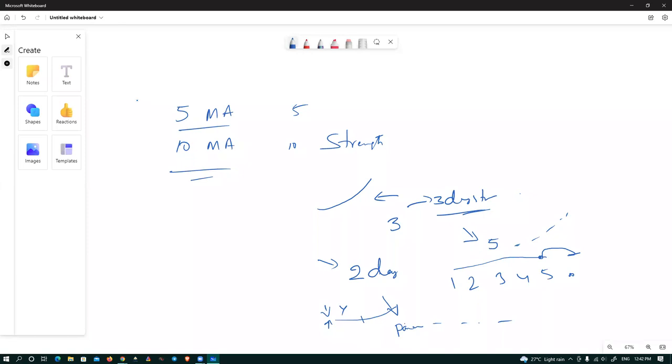The pain will continue one more day. This is how the moving average will be used. So if 3 days it has the momentum, we can expect one more day. If 5 days it has a momentum, you can expect another 2 to 3 days.